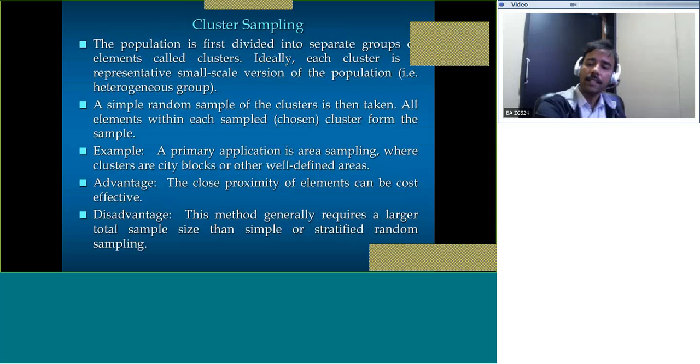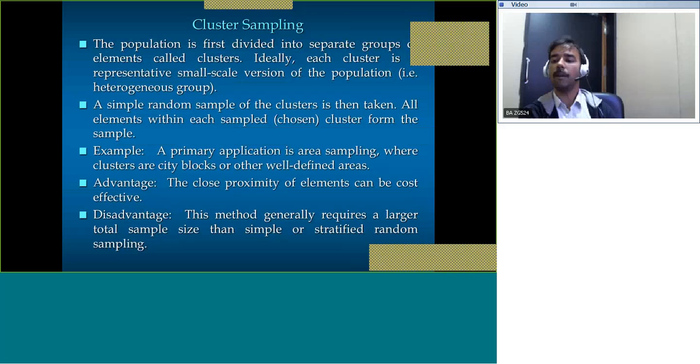Now, the next method is cluster sampling. What do you mean by cluster sampling? Based on a particular characteristic, you divide the whole population into different groups called clusters. For example, if you want to draw data from the Indian population, maybe you will divide the whole population into cities. They are called clusters. Now, we will sample the clusters here. This point should be noted.